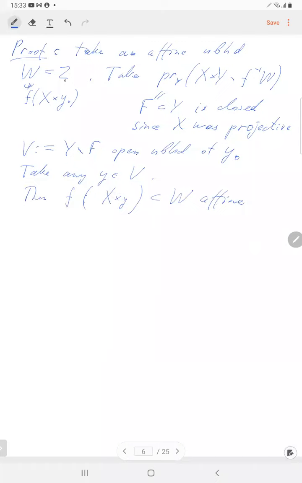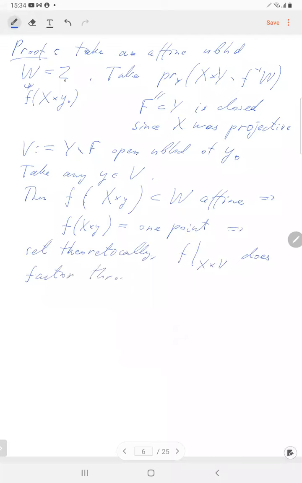So the image must be one point. So we see that set theoretically, F restricted to X times this open set V does factor through the projection to Y. That's what I wanted to prove.